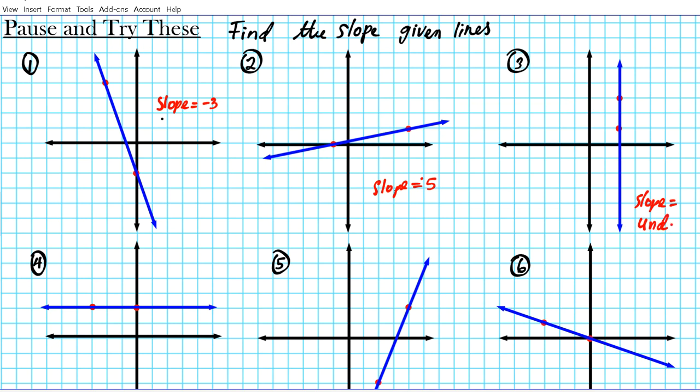And then let's take a look at number 4. That's another special case. For number 4, the slope is 0. For number 5, the slope is 5/2. And then lastly, number 6, the slope is -1/3.